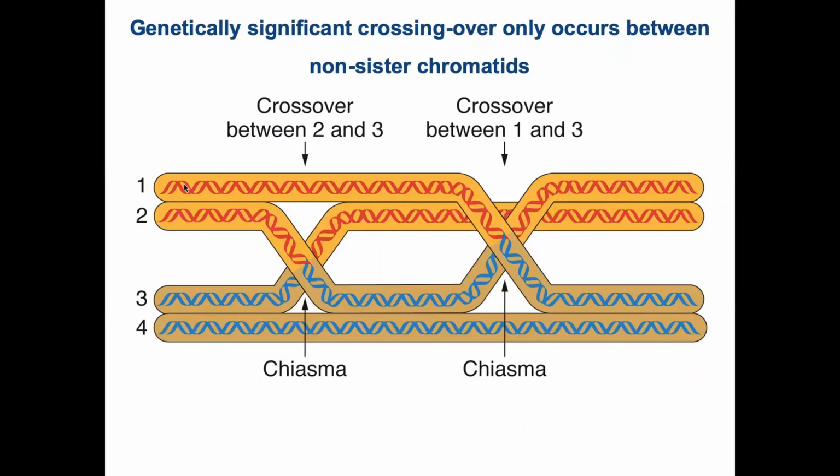So in other words, you can see in this case, chromatid 1 is recombining with chromatid 3. So there's actually a physical exchange of genetic information, this portion of chromatid 1 and this portion of chromatid 3. So you create a new hybrid chromatid that didn't exist in either of the two original parents. So here's an example of a recombination event or a crossover. Sometimes it'll be referred to as a crossing over event, that in this case is involving chromatids 2 and 3.